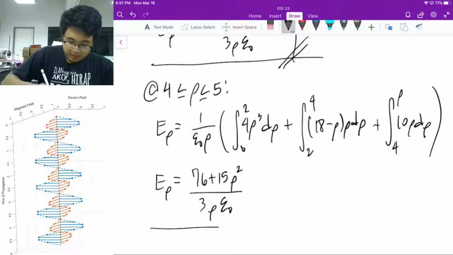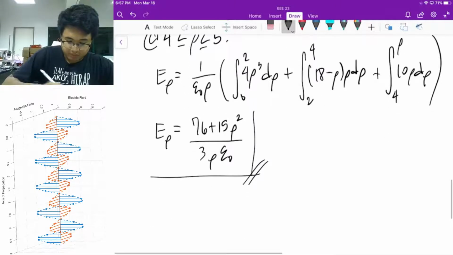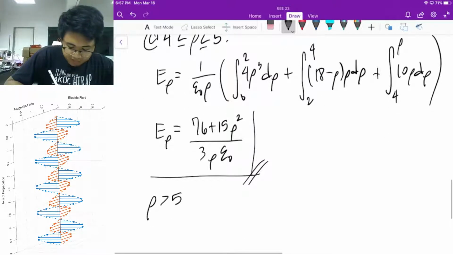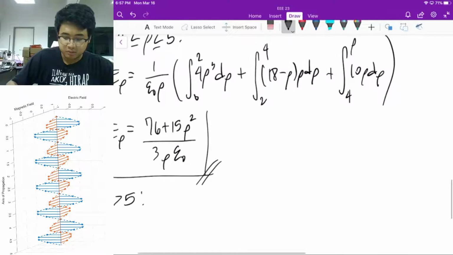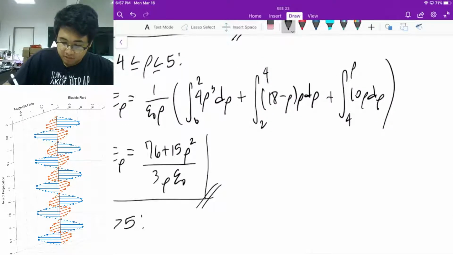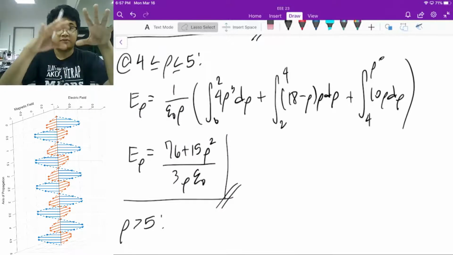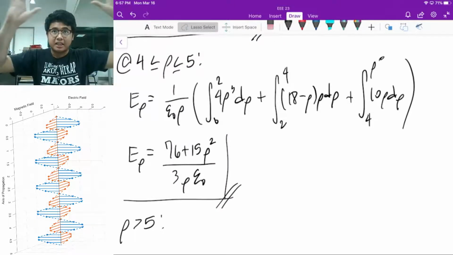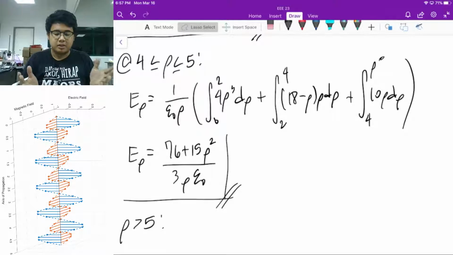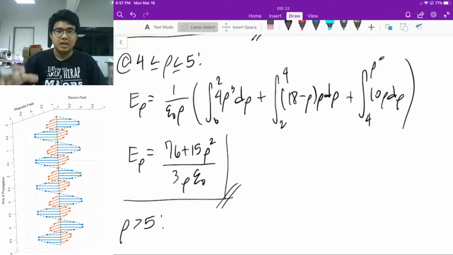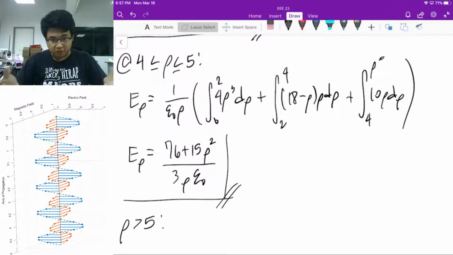Okay. And finally, to get the electric field intensity, you just need to repeat all this, but change this one to 5. In this case, if rho is greater than 5, you're completely enclosing the system by your Gaussian surface. So you're completely enclosing the whole charge, basically.